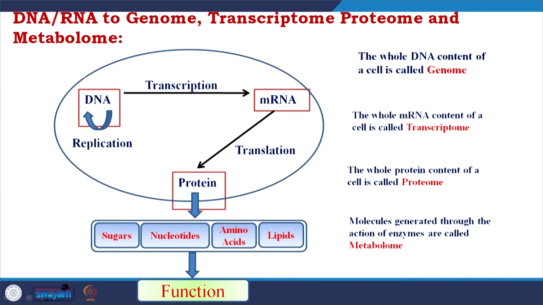We need automation, we need technologies to come up, develop high throughput methods so that instead of DNA we could read the genome, instead of mRNA we could read the transcriptome, instead of protein we could read the proteome, and if we could do that we could also understand the functional molecules in the body by getting the metabolome.